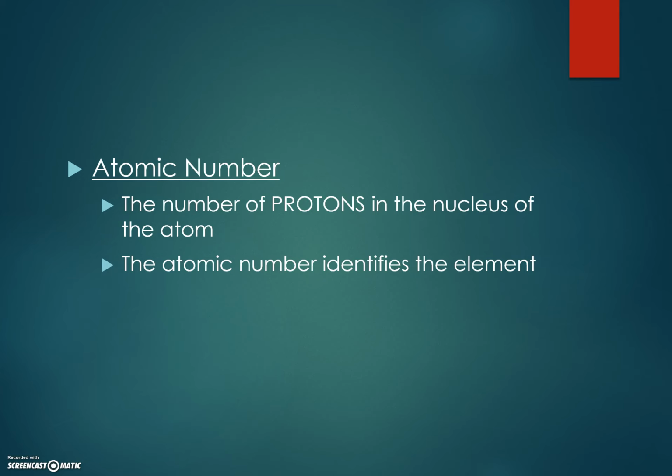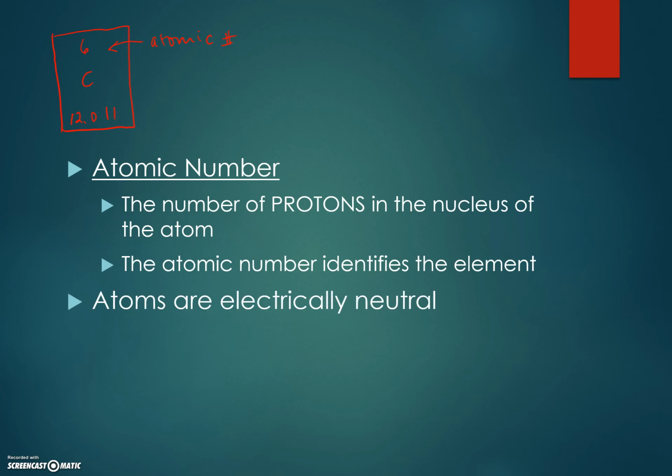Now, the atomic number on the periodic table, if I have a little sketch of an element, and let's see, I'll pick carbon, 6C, and this is 12.011. This number here is my atomic number. And that also tells me always the number of protons.